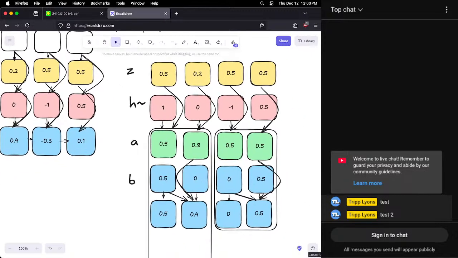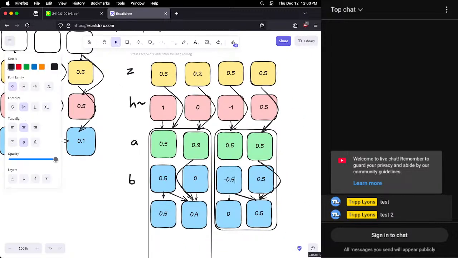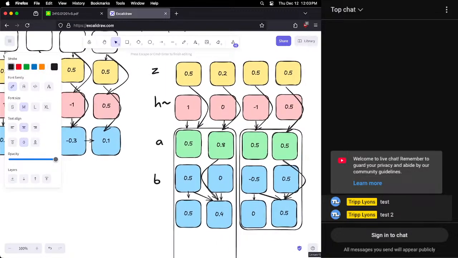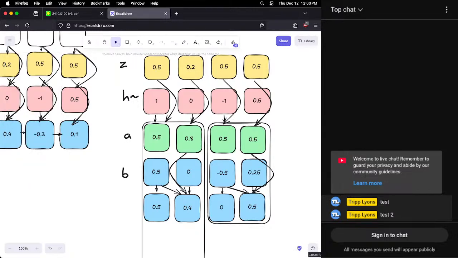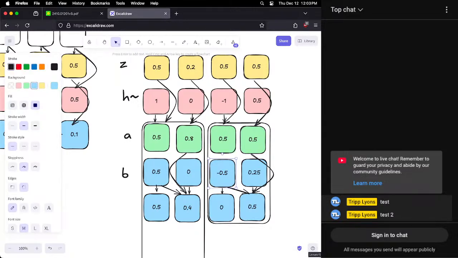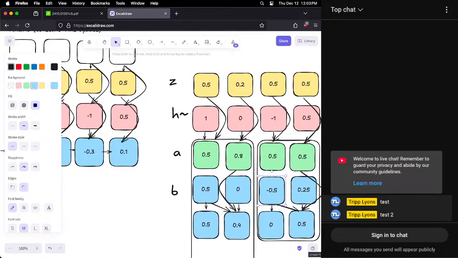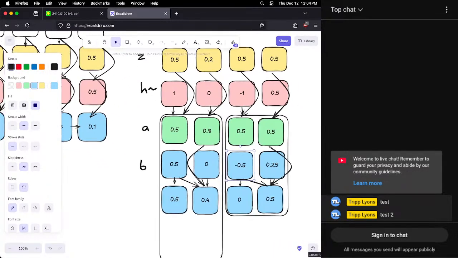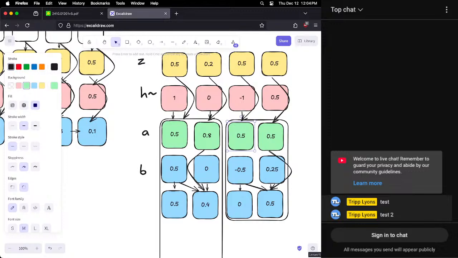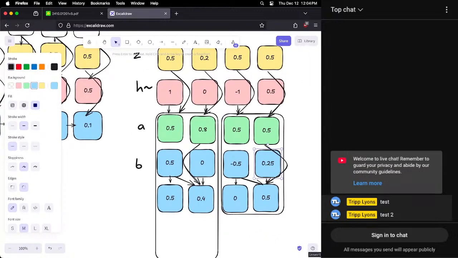And then this needs to be negative 0.5, 0.25. Okay. So now we multiply these two. Is that right? Yeah, I think so. We multiply these two, add this, we get 0.